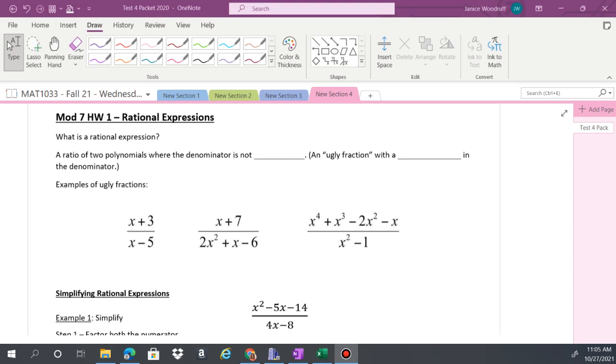So Module 7 is rational expressions. A rational expression is, well, our definition here is a ratio of two polynomials where the denominator is not a number. So we could say constant.